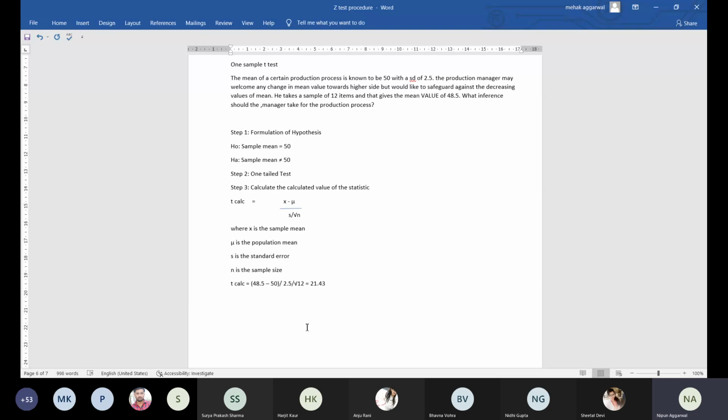So first calculate the under root of 12. Under root of 12 is 3.46.